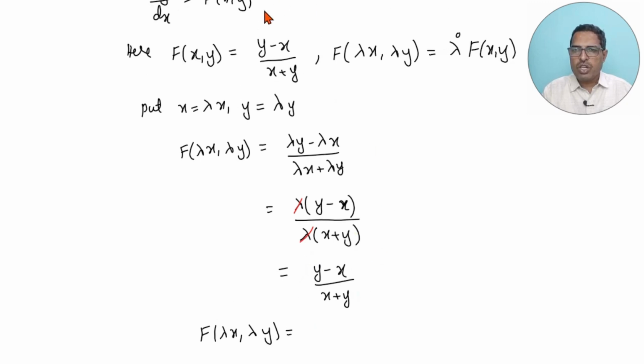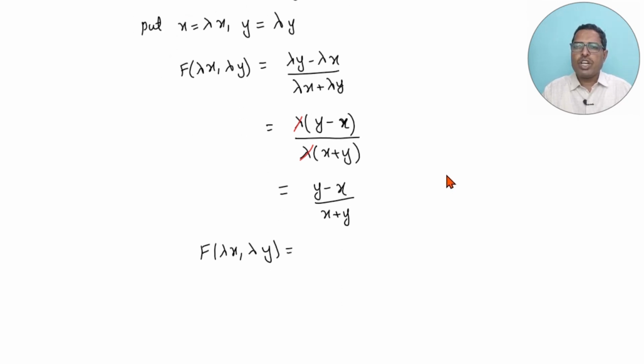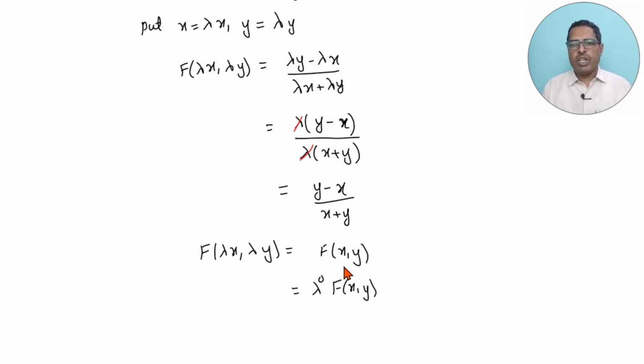Is this not equal to the given function f of x comma y? So I can write this as lambda power 0 into f of x comma y. However, lambda power 0 will be 1 itself.